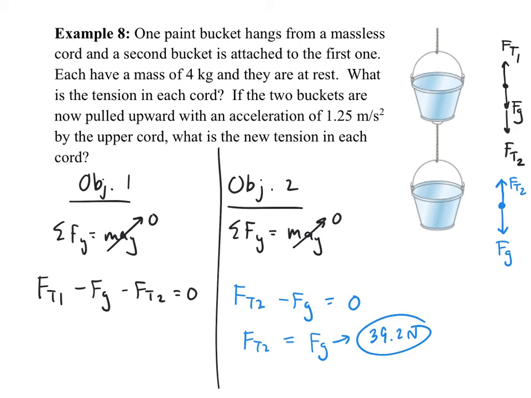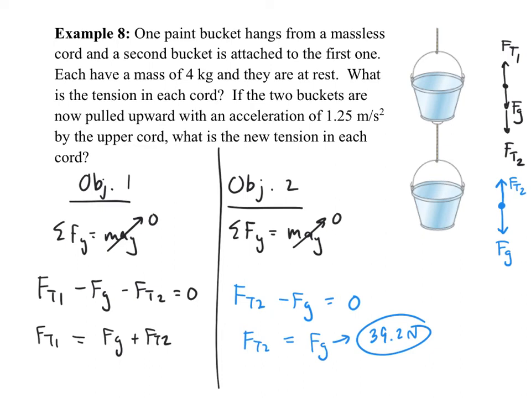Next, look over here. We're going to have FT1. And if we solve for FT1, we're going to move both of these over, aren't we? So let's algebraically move them both over. We've got FT1 equals Fg plus Ft2. But let's use logic right now. Ft2 is equal to the lower bucket's weight, correct?